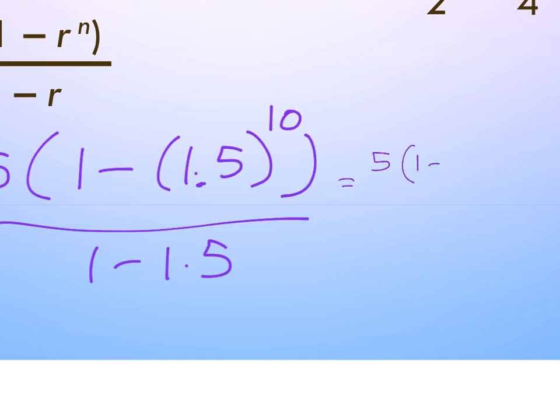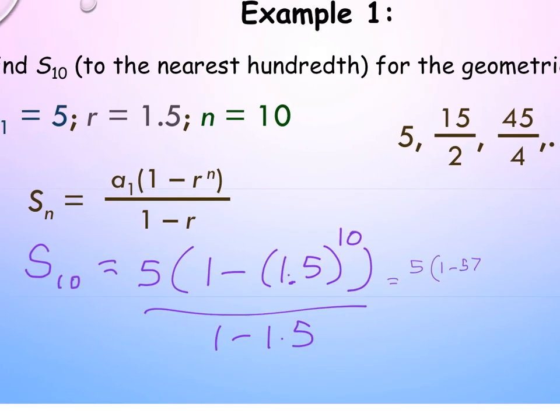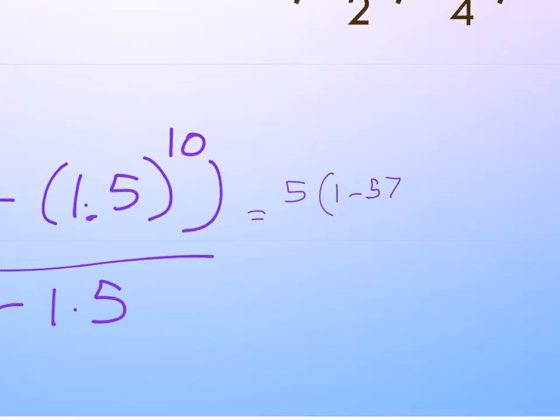times 1 minus, okay, I'm going to plug 1.5 to the 10 in my calculator. And I get 57. Now remember it said to the nearest hundredth, so I'm going to overshoot it by 2 decimals. 57.6650.